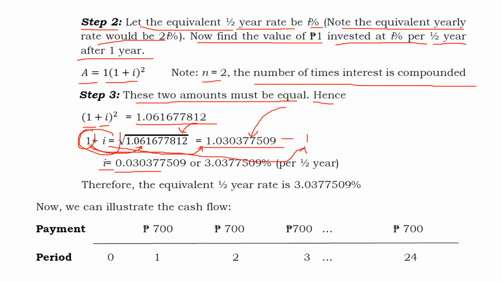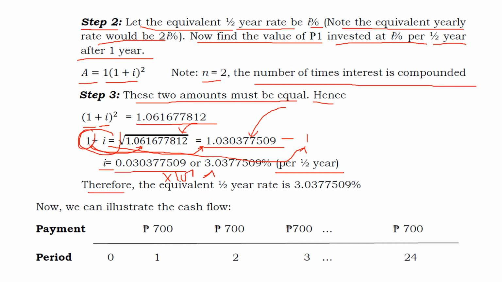So it becomes 0.030377509, or if we convert this one to percent, we multiply this one by 100 to make it 3.0377509% for 1/2 year, or every 6 months.